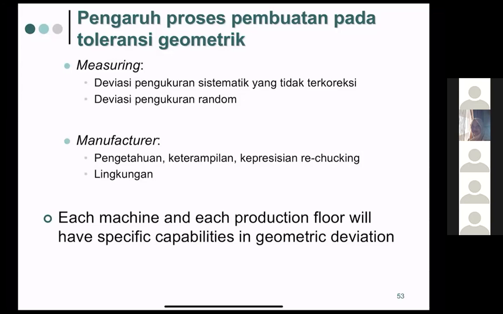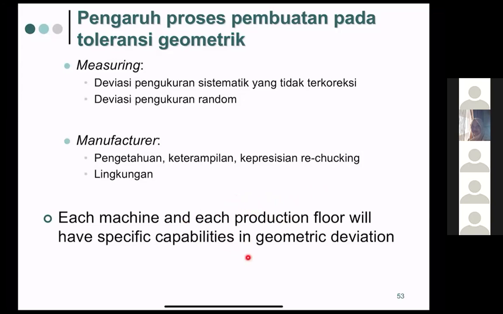Okay, for example, we have a manufacturing plant that produces motorbikes, in Bekasi or in Karawang, for example. How do we make sure that all the parts can fit together?